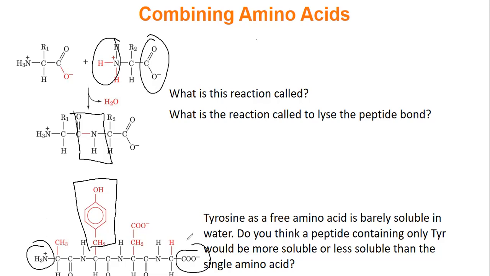Therefore, since tyrosine is only barely soluble to begin with, if you have a long peptide chain of tyrosines, that's not going to be soluble because the main interactions are going to be these phenol rings that are copied. And these phenol rings aren't soluble by themselves. So less soluble. Does that make sense?